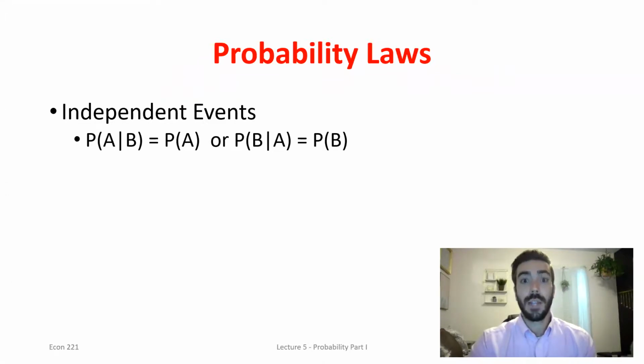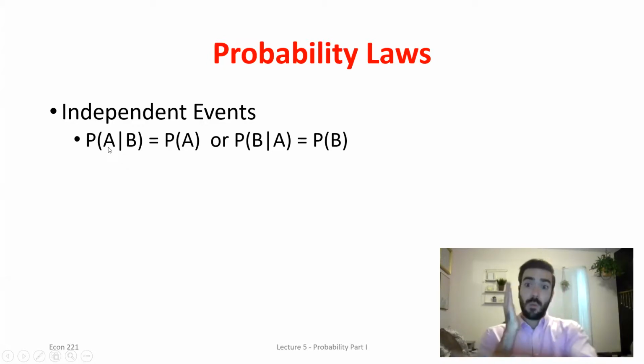But we say two events are independent if the conditional probability of the event, so I'm still looking for the probability of A, but I've conditioned on B occurring, is equal to the unconditional probability of A. It doesn't matter if I know that B has occurred; the probability of A hasn't changed at all.